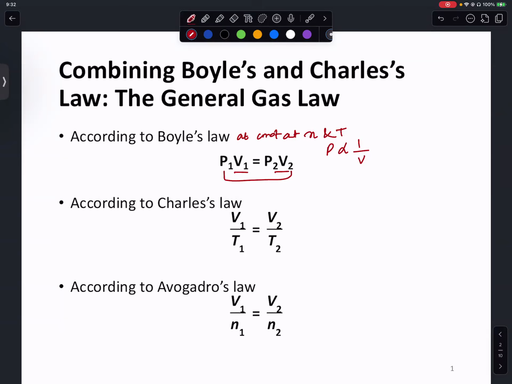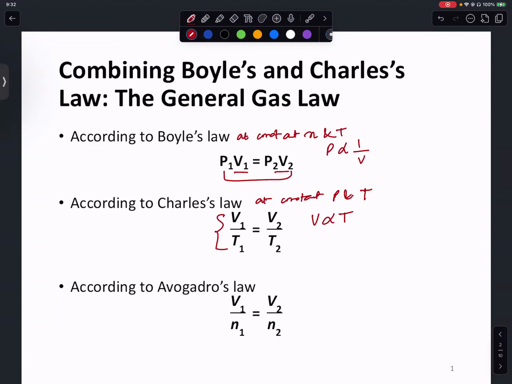Charles' law indicates that at constant pressure and number of moles, volume is directly proportional to temperature. We used this setup to determine either a missing volume or temperature.